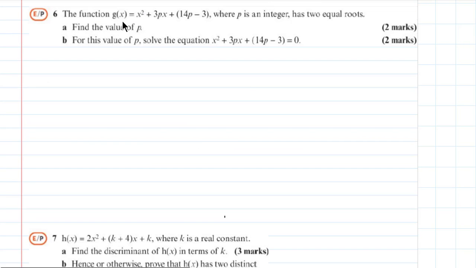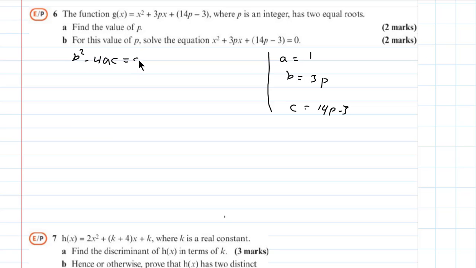Question 6. The function g of x equals x squared plus 3px plus this quantity where p is an integer has two equal roots. Find the value of p. Again, also a here is 1, b here is 3p, and c will be 14p minus 3. And then we can say that b squared minus 4ac should be 0.